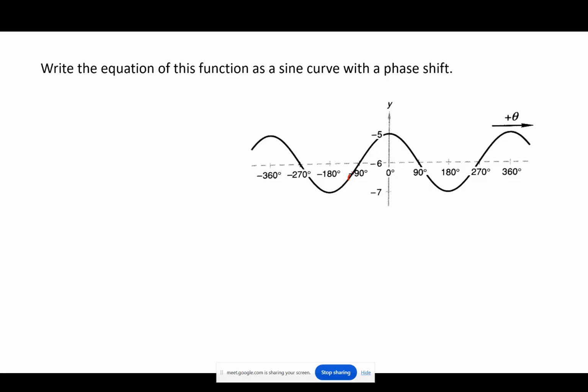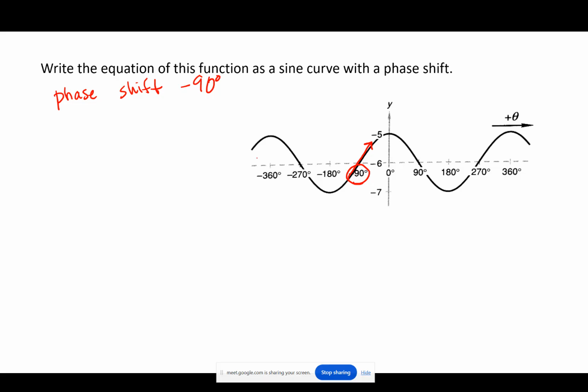Here is where that's happening, right here at negative 90 degrees. So that is going to be my phase shift. Phase shift is negative 90, which means I'm going to have to add 90 to theta when I write my equation.